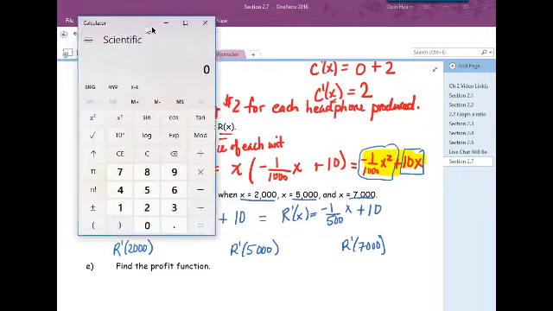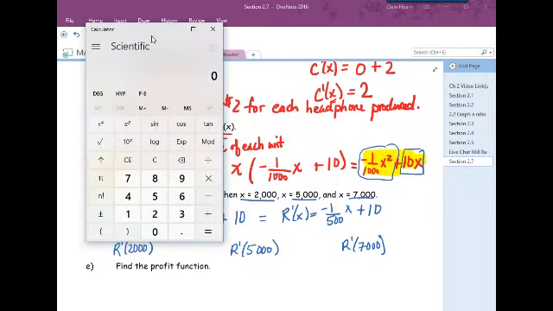All right, we've got negative 2,000 divided by 500 is going to be negative 4. And then plus 10 is going to be 6.